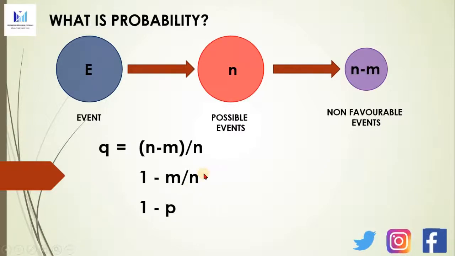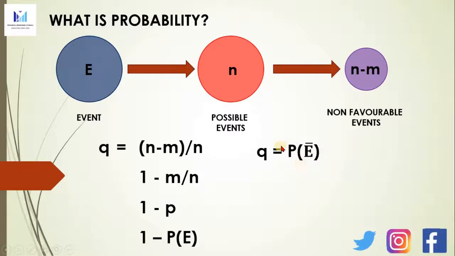Now, what is m by n? It is nothing but the probability of favorable events, which we had seen just now, denoted as small p. So q is 1 minus P(E). Like how we denoted small p as capital P of E, q is denoted as capital P of E bar.